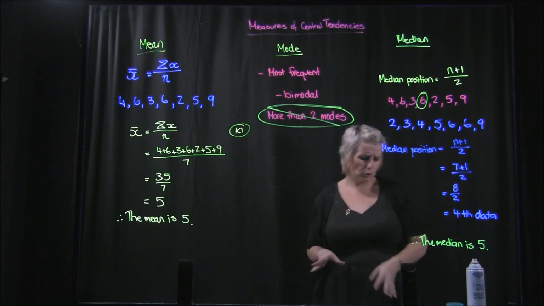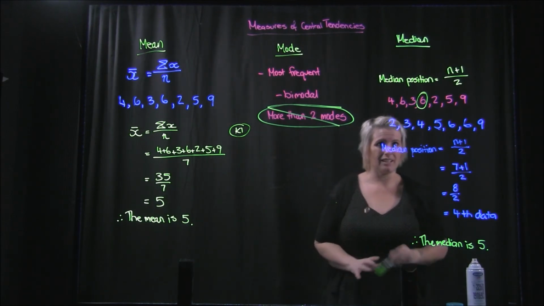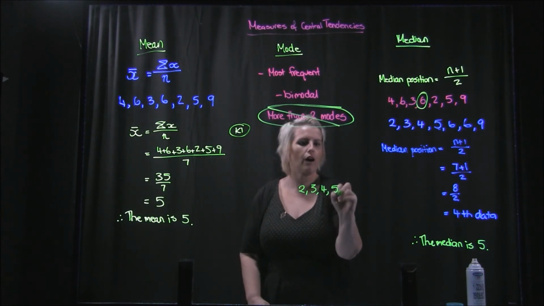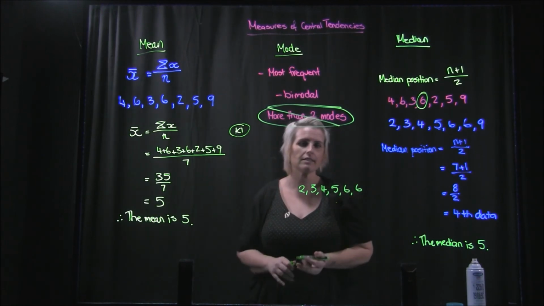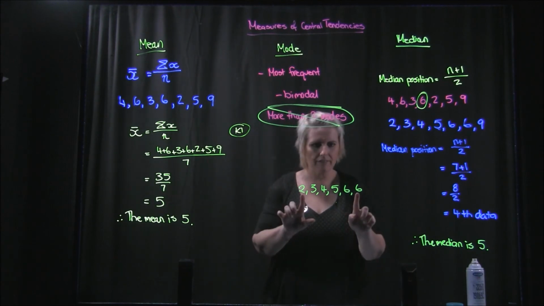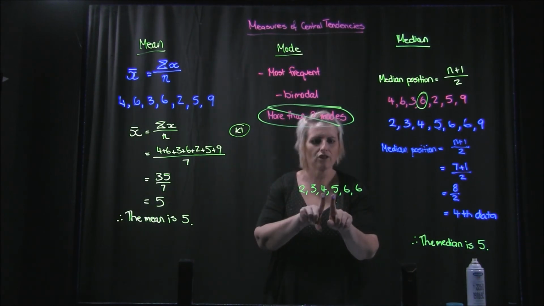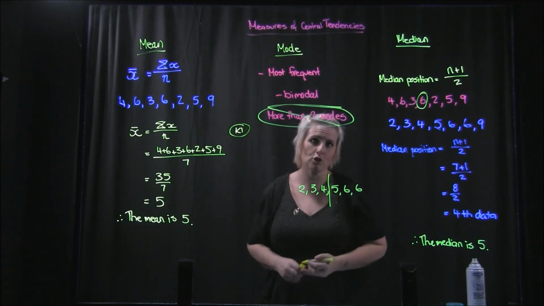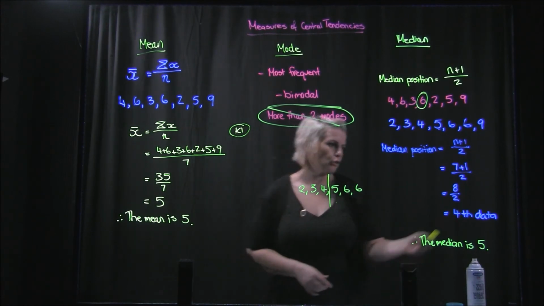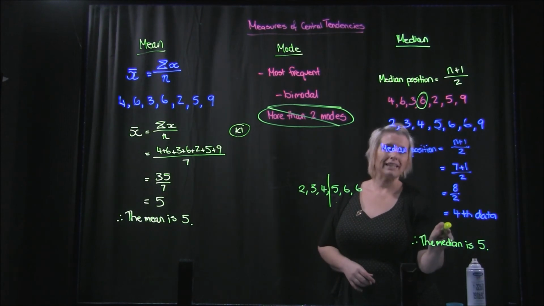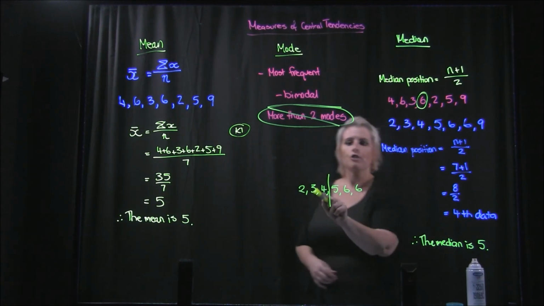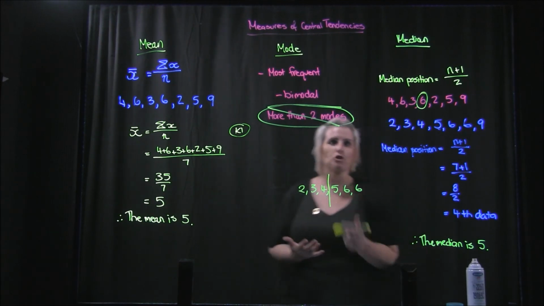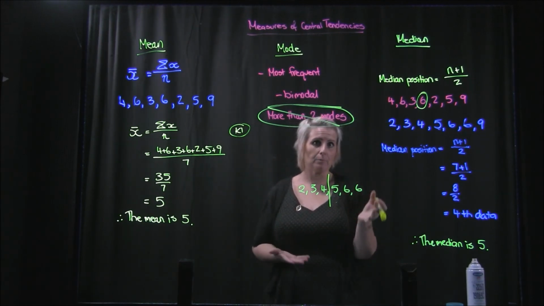What you'll find though is if you have an even data set, so if I just had 2, 3, 4, 5, 6, and 6, if you do that same thing, you actually end up with 2 in the middle, and your median will actually fall in between the 2. So your median position would be the 3.5 data, so 3.5 data positions in.